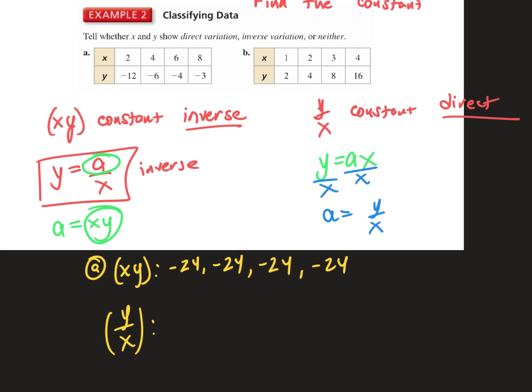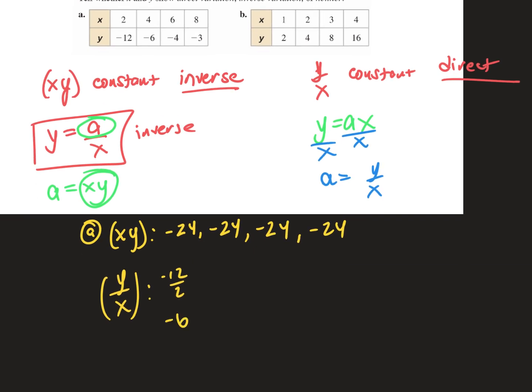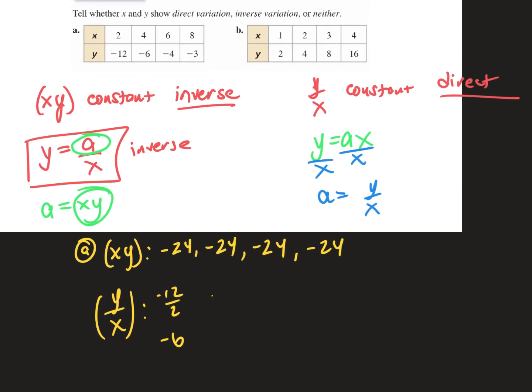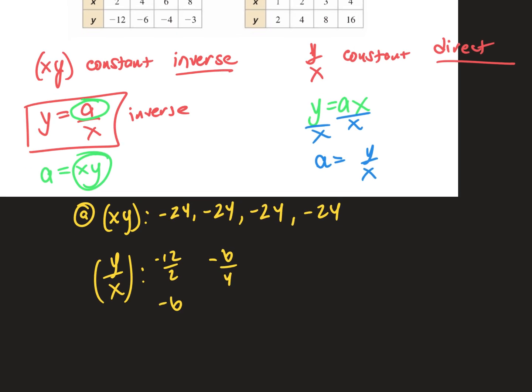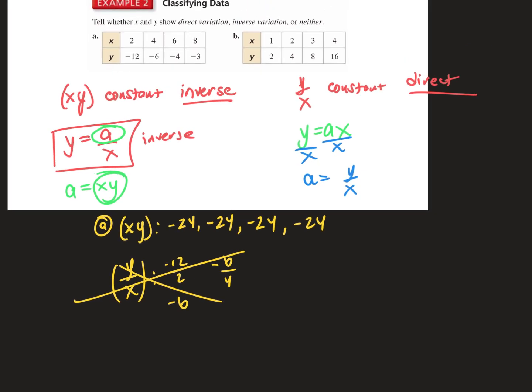Now, if you were to check the opposite, you say y divided by x, so negative 12 divided by 2 is negative 6, right? Then negative 6 divided by 4 is not, right? So you're like, oh, wait, that's not it. So you see that your constant is negative 24. Every time, negative 24. So you just proved to me that what kind of variation occurs here? Inverse.